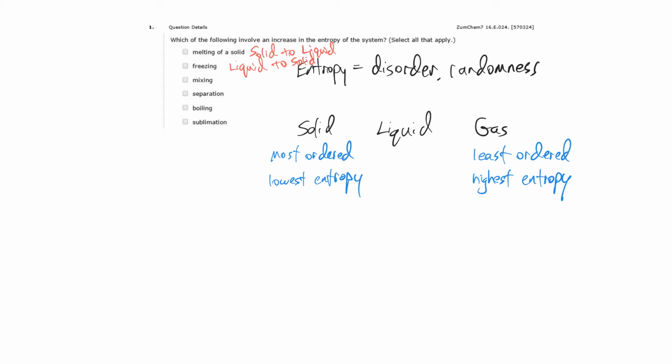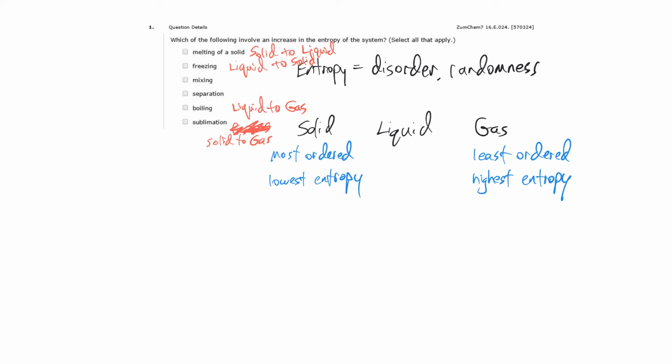Mixing and separation aren't phase changes, so let's come back to those later. Boiling is a change from the liquid state to the gaseous state. And then sublimation is the solid state to the gaseous state. That's the definition of sublimation. So like snow can sublime in the wintertime directly to water vapor.